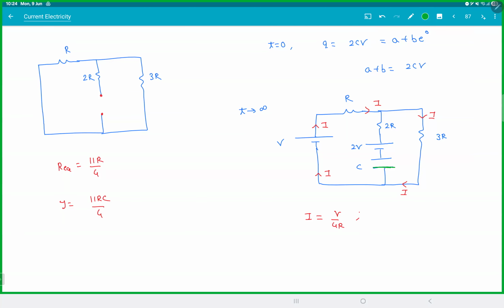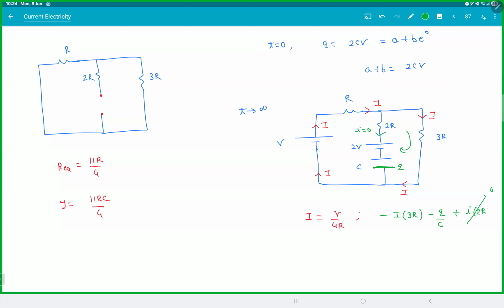You want the charge on this plate, so let this be Q and apply Kirchhoff's law, and the current in this branch is 0. This is minus I into 3R. You are going from the positive to the negative plate, minus Q/C, plus small i into 2R, but small i is anyway 0, so this term is gone. Oh, there's a battery also, I forgot.